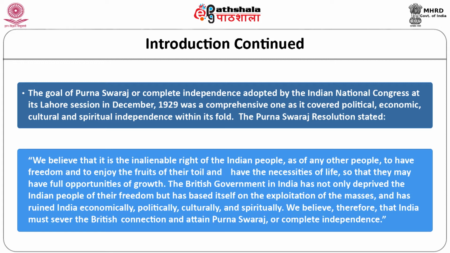The British government in India has not only deprived the Indian people of their freedom but has based itself on the exploitation of the masses and has ruined India economically, politically, culturally and spiritually. We believe therefore that India must sever the British connection and attain Purna Swaraj or complete independence."